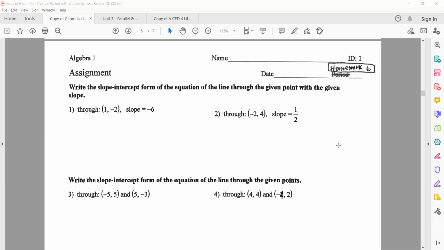So before we came on, I asked if anybody remembered how to do this, and someone had an idea, but it wasn't quite right. So what I want to do is go ahead and start with this first problem. There's a couple different ways you can solve these.